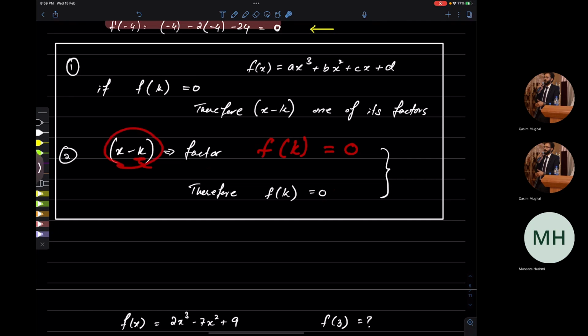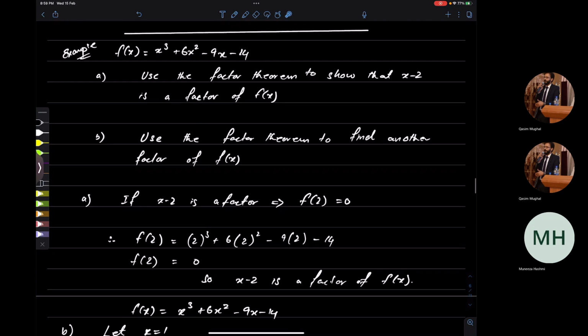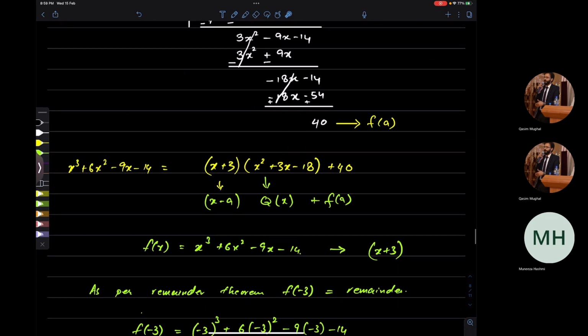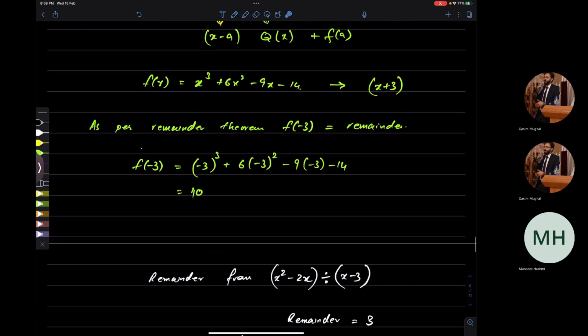If this is a factor, it should give you 0 as a remainder. If it's not a factor, it will give you some number. That's what the remainder theorem is. There you go. Change the sign, put it into the given polynomial, and that should give you a remainder. In this case, it was 40. If x plus 3 was one of its factors, it would have given me 0 as a remainder. Okay?